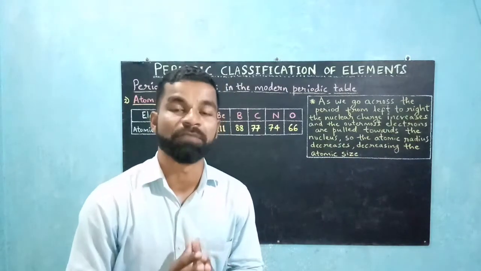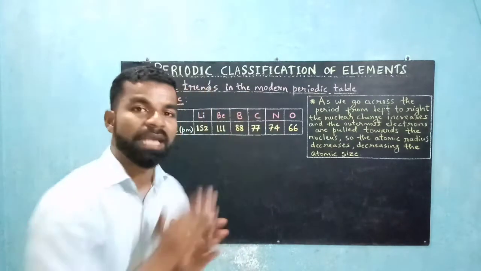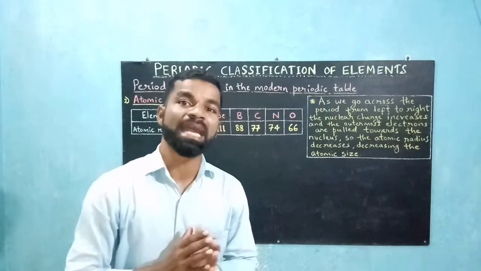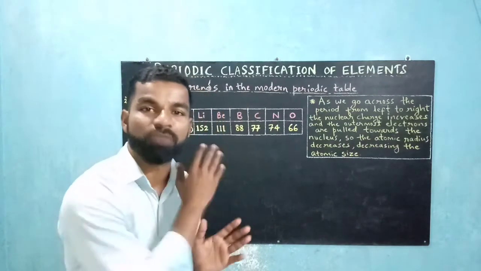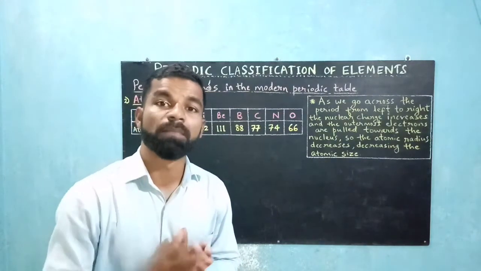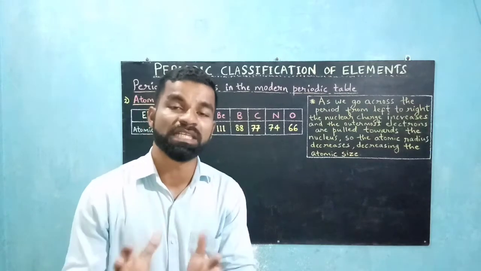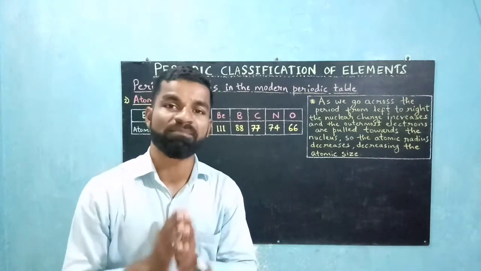Now why does it happen? Why does the atomic size decrease as you move across the period from left to right? We must not forget, as we are moving across the period from left to right, atomic number increases. That means the number of protons increases. Now protons are in the nucleus, they are positively charged. So the nucleus also has positive charge.